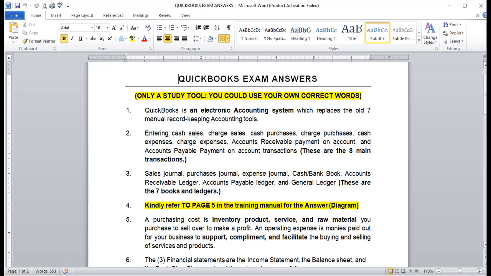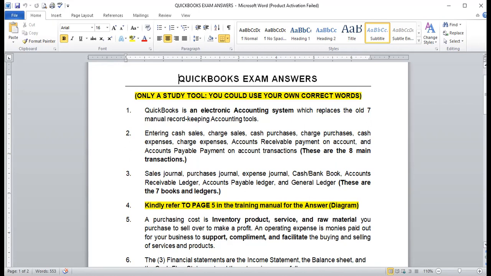Now this is the exam here, and all this exam means is that all the answers are in the book. So you don't have to worry. Everything's in the book.